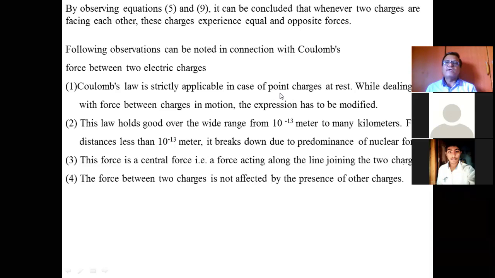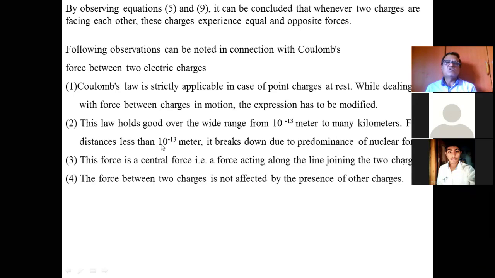That is important. Point charges at rest. While dealing with force between charges in motion, we have to modify the expression. जर आपल्याला मुव्हिंग चार्जेससाठी कुलम्स लॉ लिहायचा असेल तर काही मॉडिफिकेशन्स करायला लागतील. ओके, आता तरी आपण फक्त रेस्ट चार्ज संबंधीच बघतो आहोत.